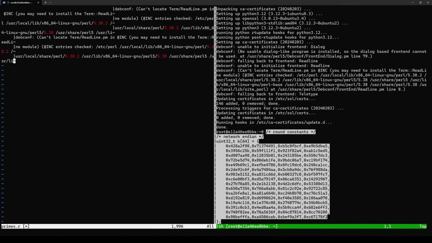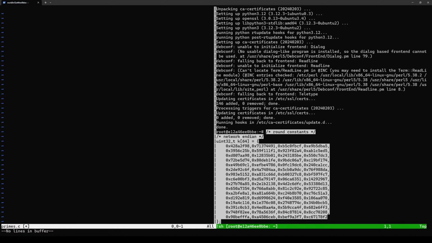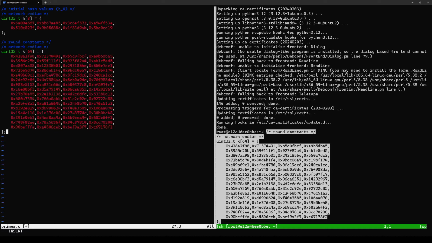I've done all manner of shenanigans. Let's see, what mode am I in? Okay, I want to paste in some constants from somewhere else. There we go. And then I'm going to paste in the other ones. I don't really know how copy pasting things into the terminal works. I usually like curl and stuff, so it's fine.